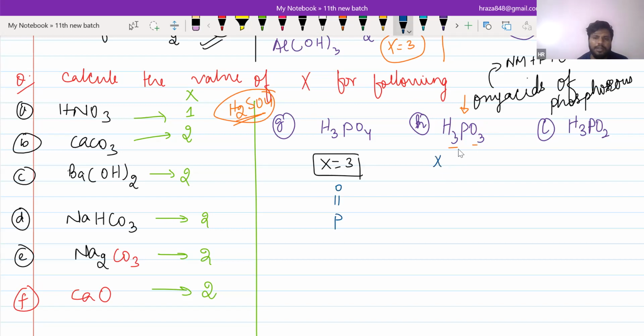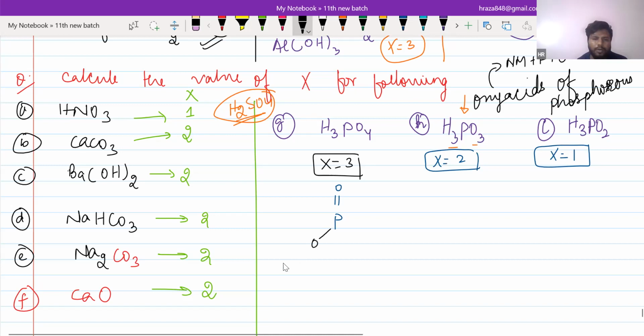Now see, we will go by structure. This will have X equal to 2. I'm just telling you the answer, and this will have X equal to 1. If you go by structure, you will understand it, and it's very easy.